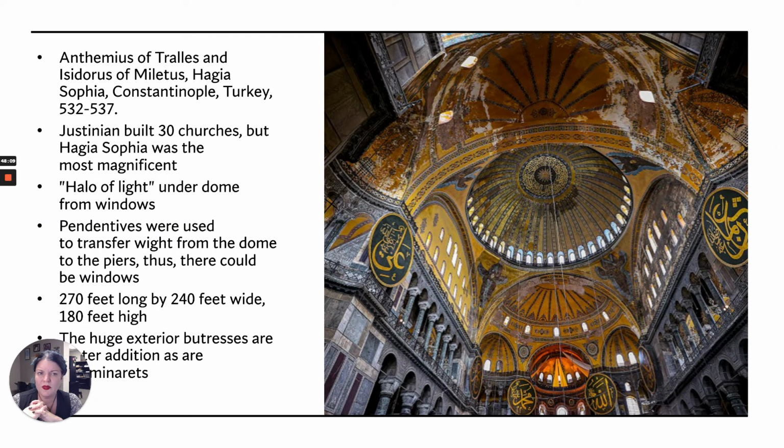And one of the things that was important to them was this idea of a halo of light. So the idea that under this dome, you would have all of this light coming in. And one of the reasons that they were very interested in that was from this theologian named the Pseudo-Dionysius, and he said light comes from the good, and light is the visual image of God.